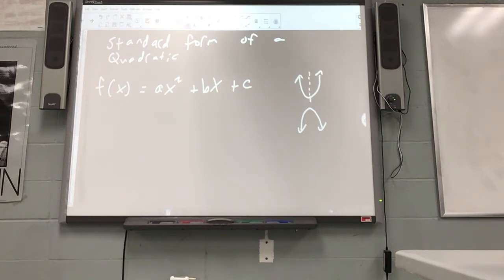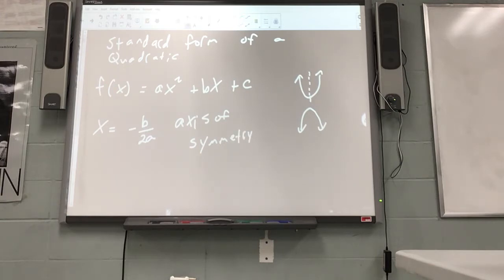It's in the middle of it. So the formula for finding the x of your axis of symmetry is -b over 2a. That's pretty important. That's the x of the vertex, which is also called the axis of symmetry. It's where you could fold that U and it'd be exactly the same on both sides.